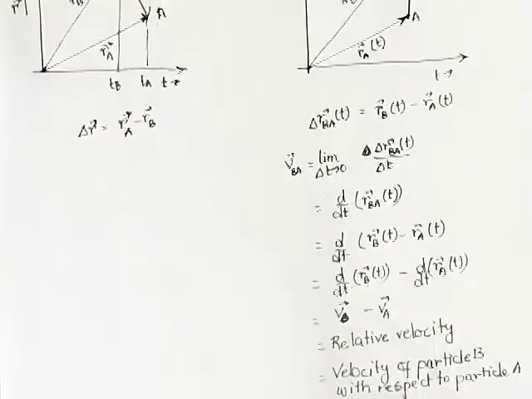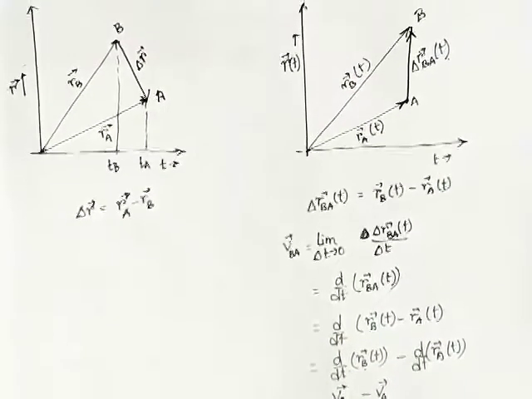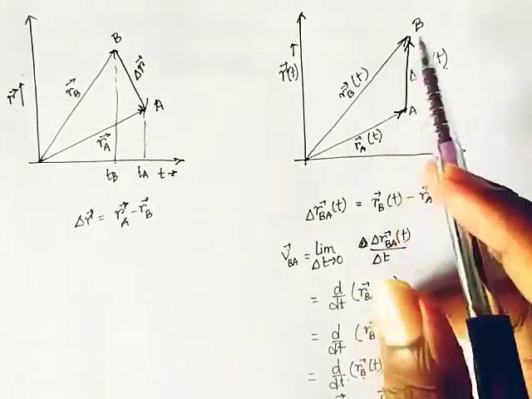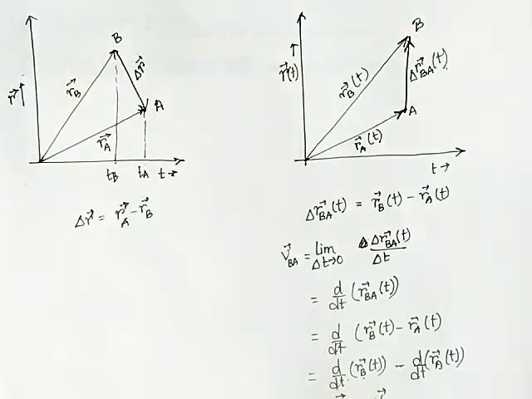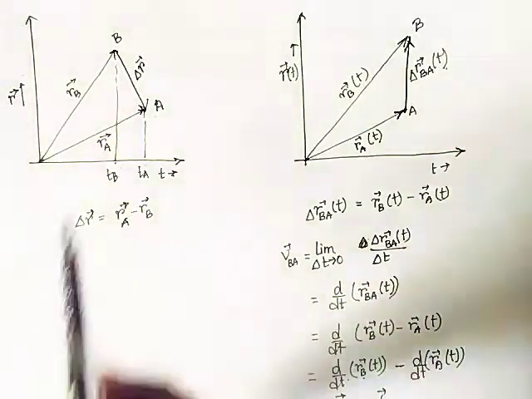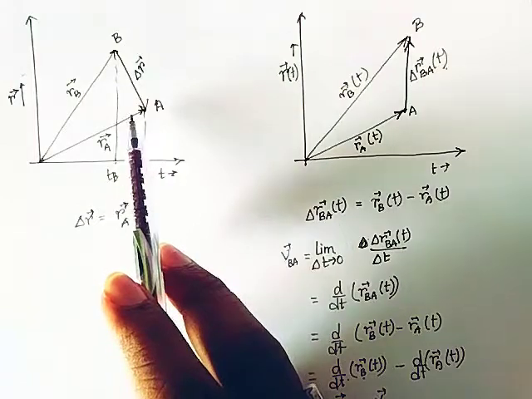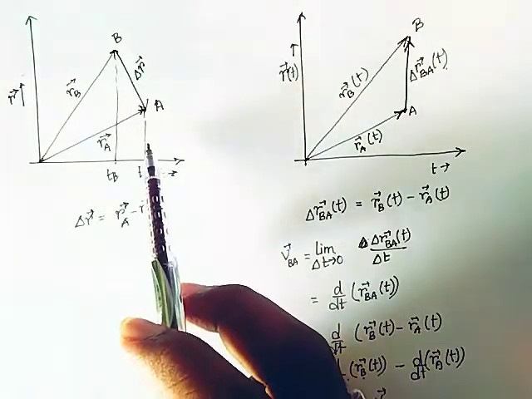So what is the difference between these two if I want to understand this thing? Here I am representing two particles A and B. Here I am representing one particle that is moved from one position to another position.